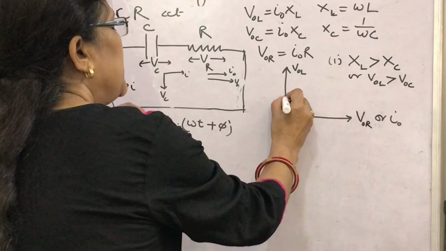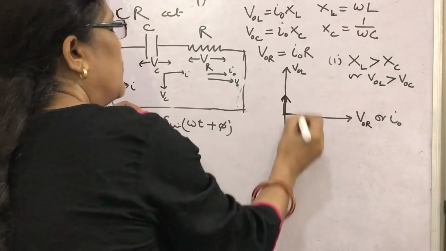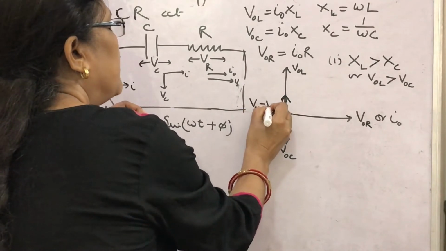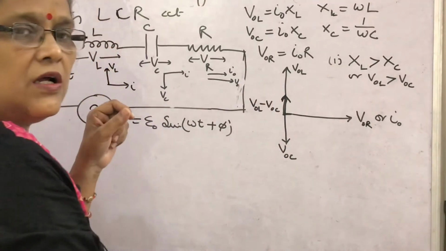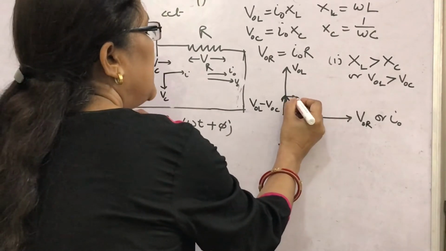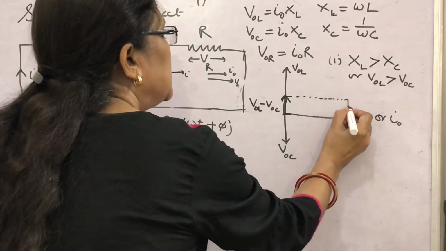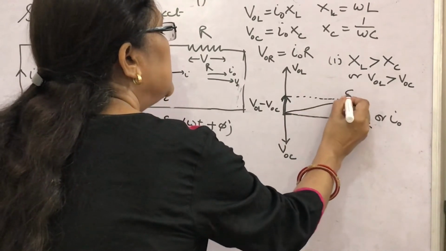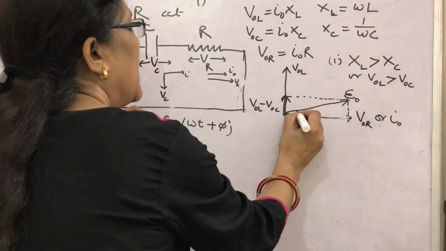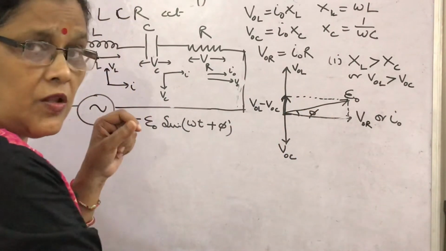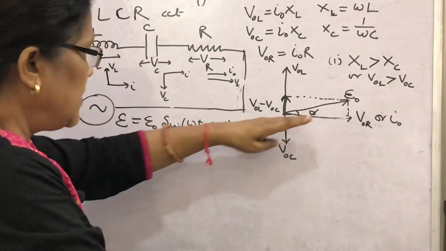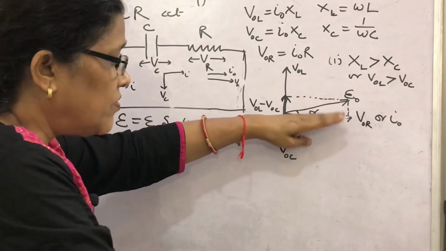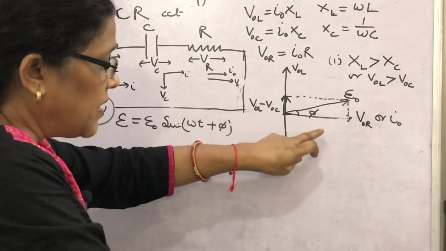Suppose this may be the resultant vector, and its magnitude may be V naught L minus V naught C. Then we will find that this will be the resultant, the applied voltage E naught at an angle phi. What we observe here is that this applied voltage is slightly ahead of current by how much angle?